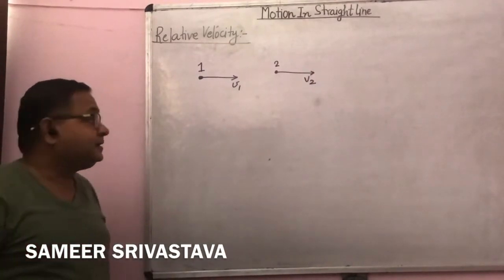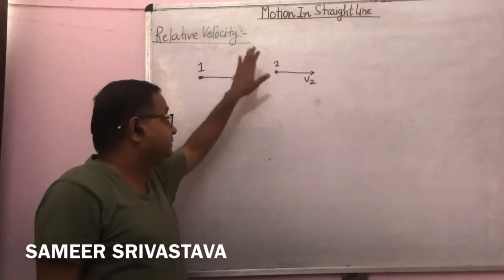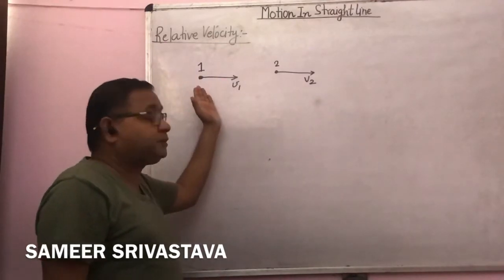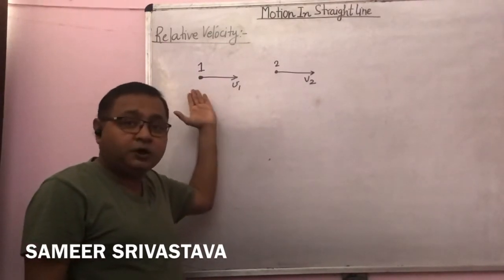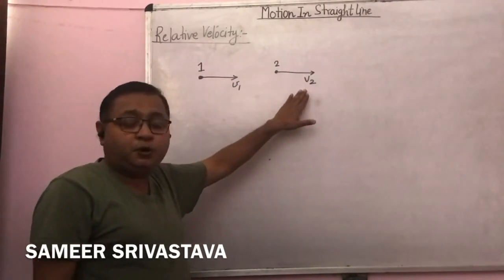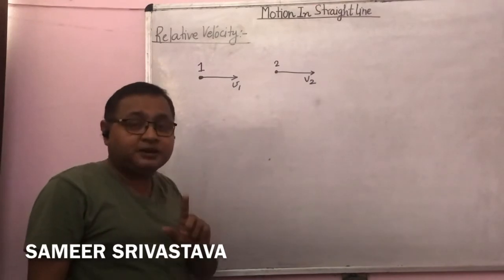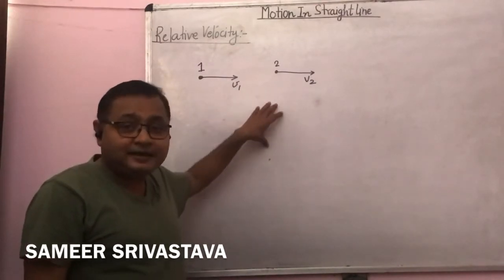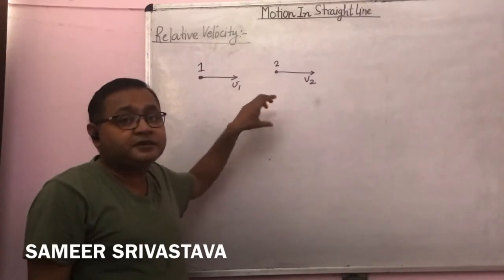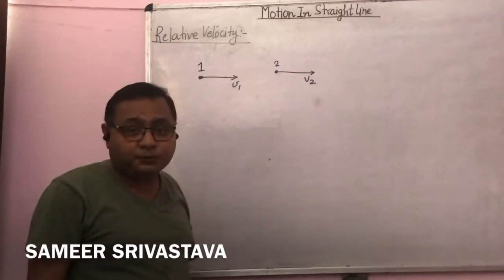Then the relative velocity is defined as the velocity of object 2 with respect to object 1, or of object 1 with respect to object 2, when both objects are in motion. It is the rate of change of position with time of object 2 with respect to object 1.